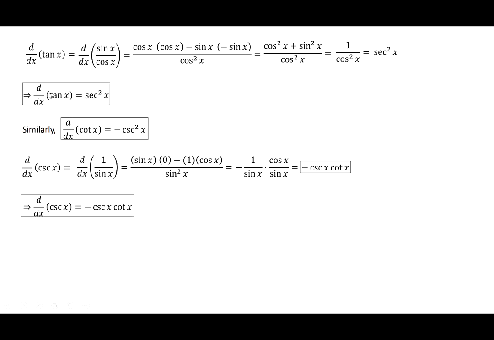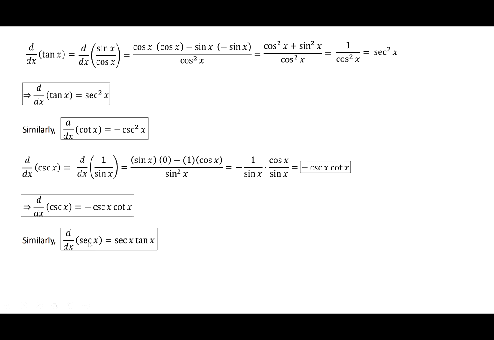So look at the kind of symmetry here. Tangent x derivative is secant square x. Cotangent x is negative cosecant square x. Similarly, derivative of cosecant x is negative cosecant x cotangent x, and d/dx of secant x turns out to be secant x tangent x. How would you find the derivative of secant x?